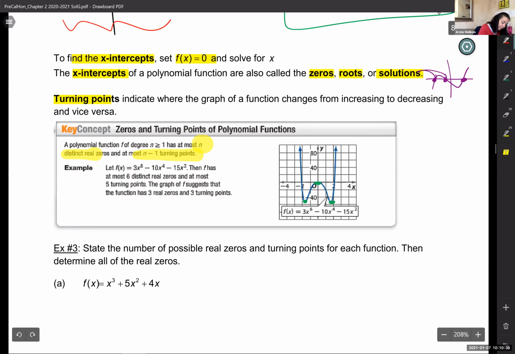By this. Look at this function here. The leading term is 3x to the 6. The degree here is 6, which means it is allowed to have up to 6 zeros, which means it is allowed to have up to 5 turning points.